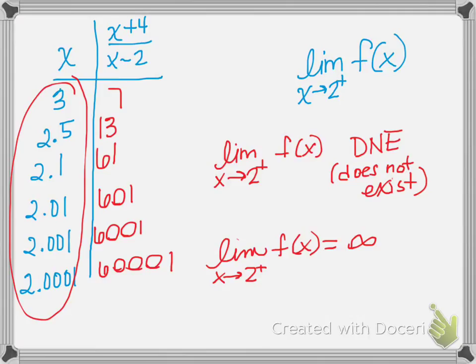You will see this written as the limit of f of x as x goes to 2 from the right equals infinity. Technically this does not exist, but you will see it written as equals infinity because it still does something special. But infinity is not a number, so it still does not exist.